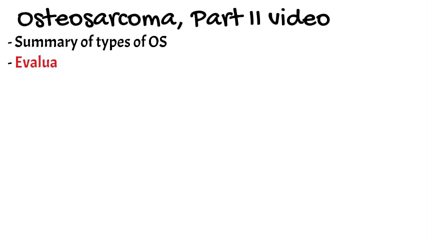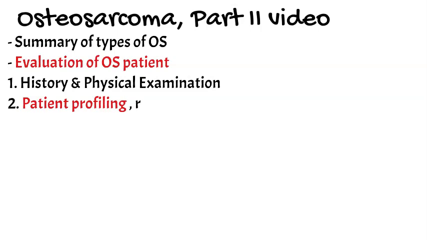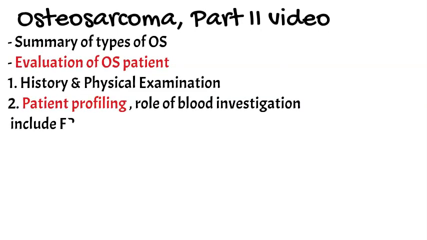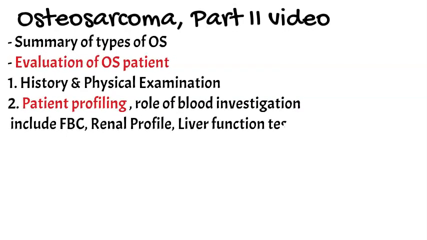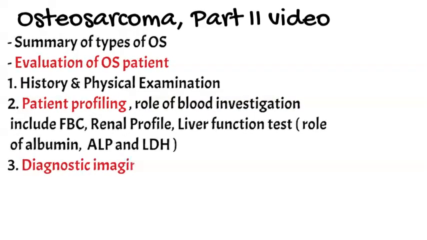In this video, we start off with a summary of types of osteosarcoma, and evaluation of the osteosarcoma patient by history and physical examination. Number 2, patient profiling. The role of blood investigation includes full blood count, renal profile, liver function test, the role of albumin, ALP, and LDH.